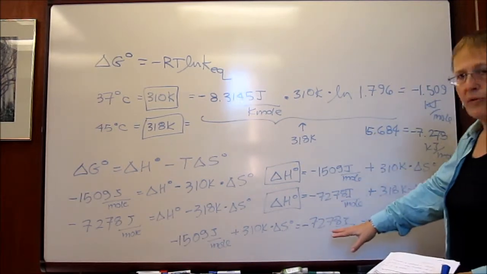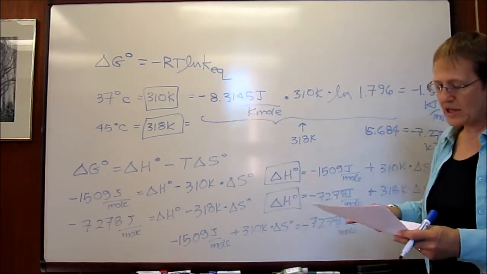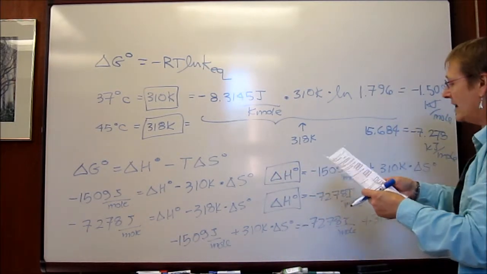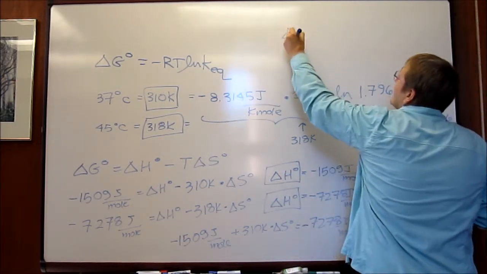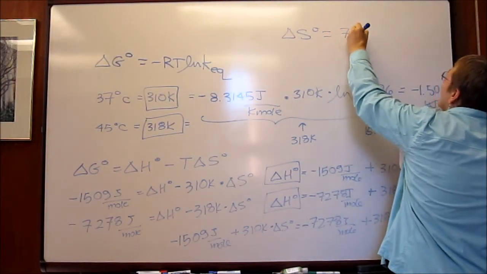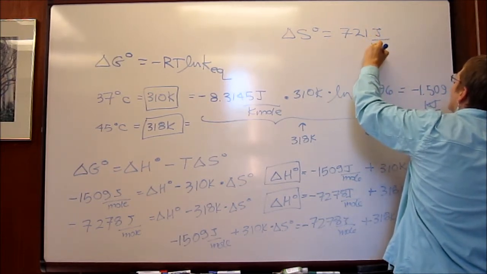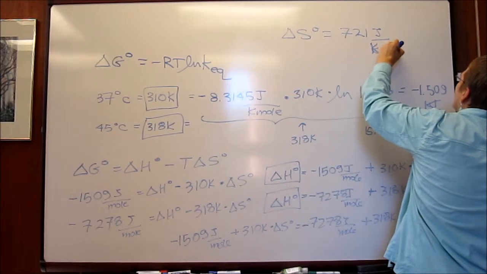I'm not going to do the math for you, but all you have to do is isolate the delta S naught and the numbers and divide through, and what that is going to give you is delta S naught equal to 721 joules per Kelvin. That's a big K, mole.